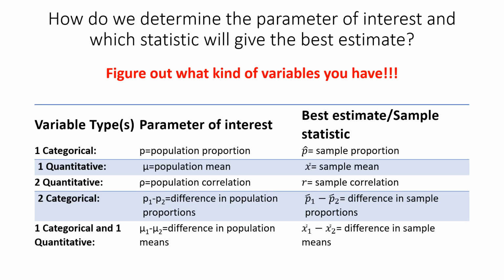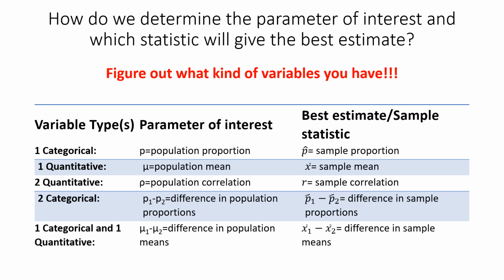And I have this table to break down what we would be using in each situation. When we have one categorical variable, we're estimating the population proportion P using the sample proportion P hat.